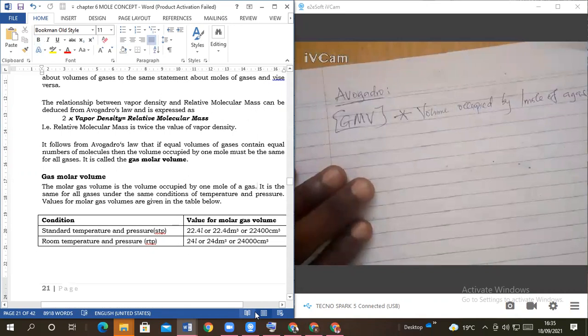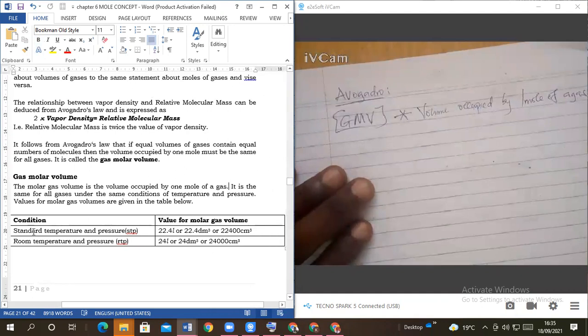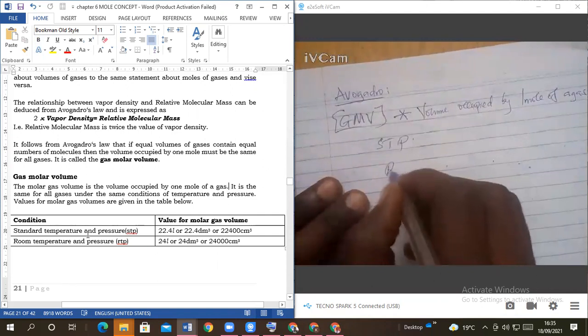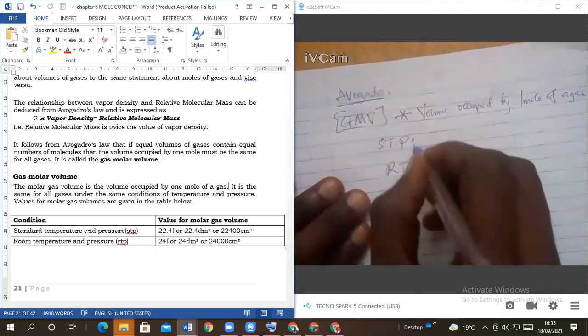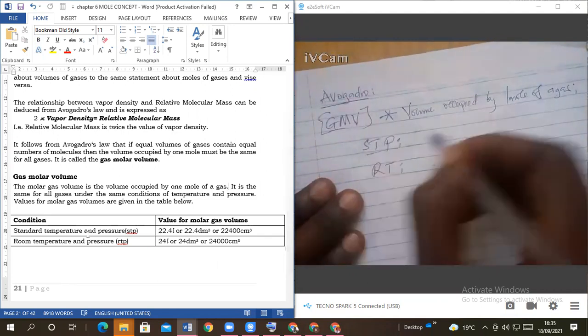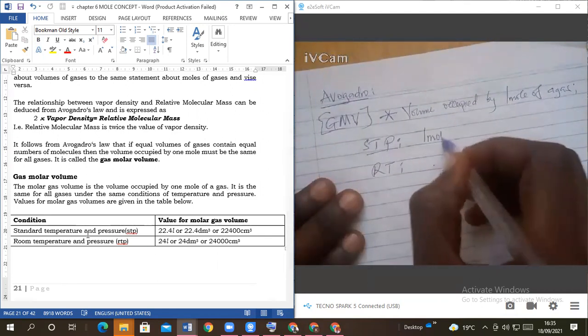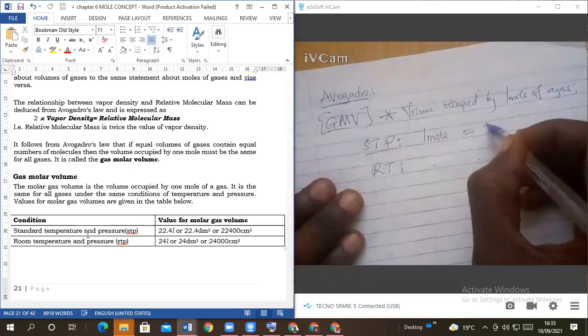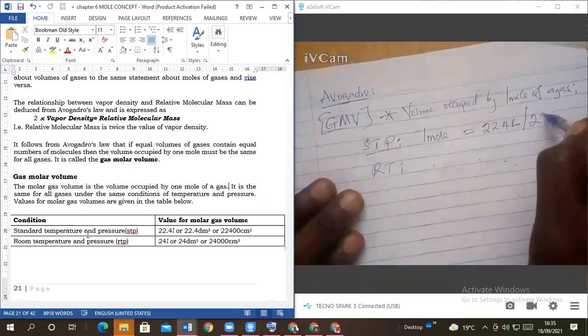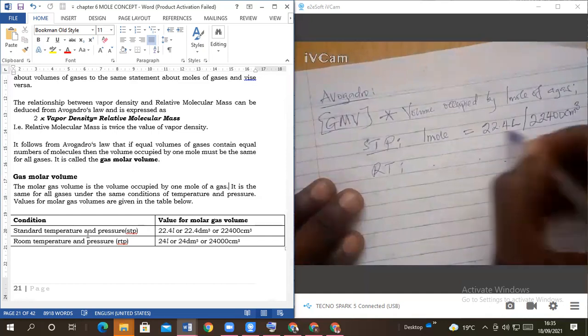There are two temperatures they always give: at STP and at room temperature. The molar gas volume at STP, standard temperature and pressure, for 1 mole of a gas is 22.4 liters or 22,400 cubic centimeters.